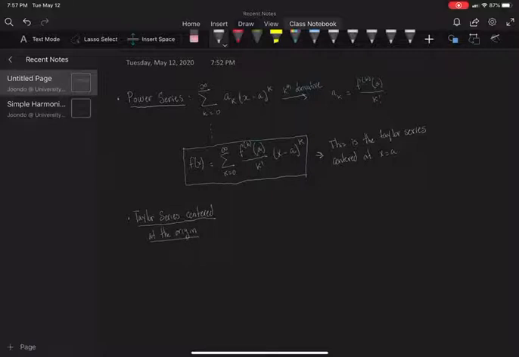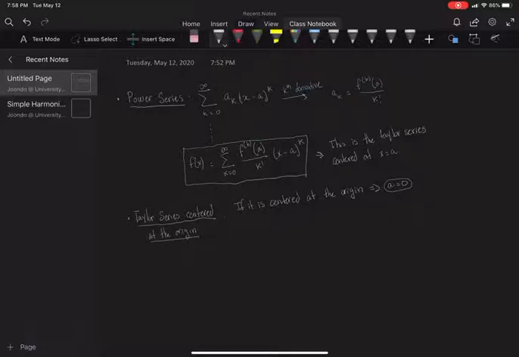And this is also not the Maclaurin series yet, but if it's centered at the origin, this means a is going to be equal to 0. And if a equals 0, what happens?